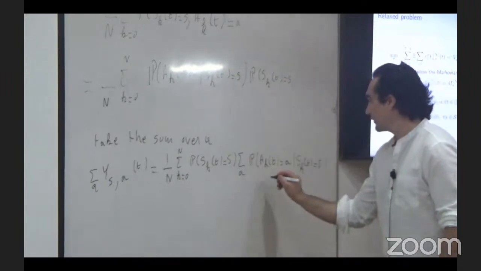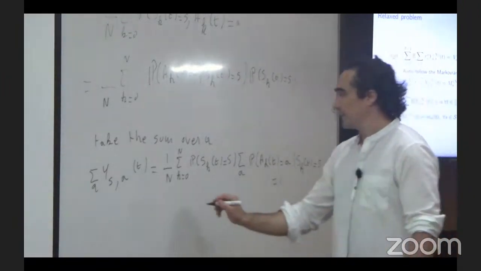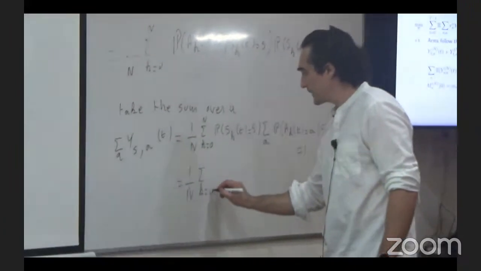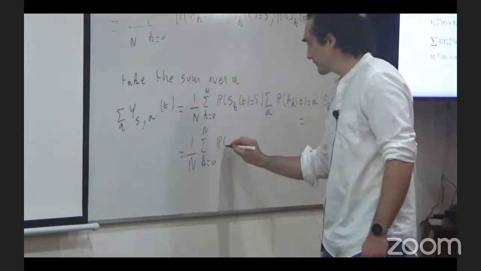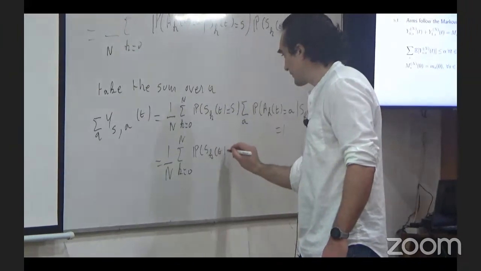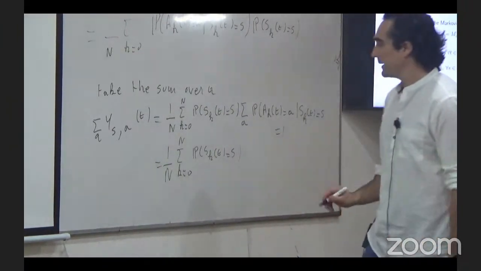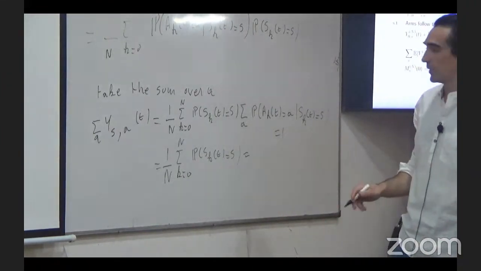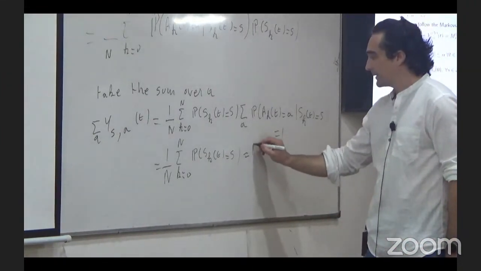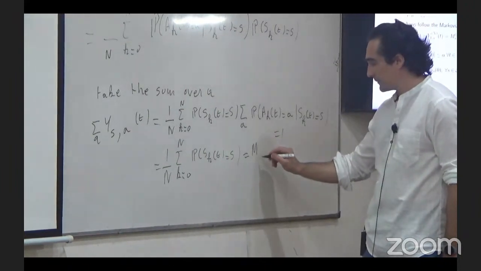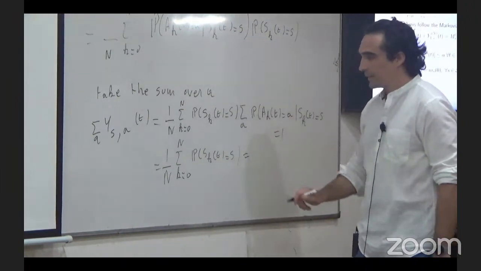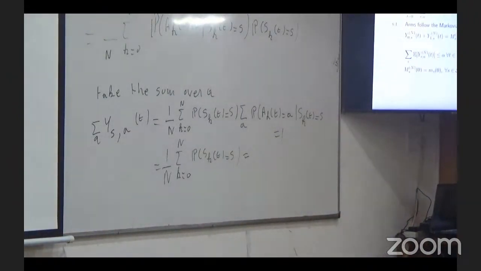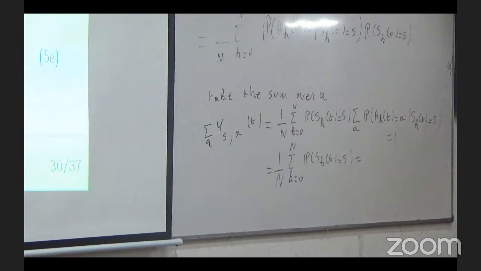And this is equal to 1. So you simply have this. And therefore, if you just rewrite the definition of M, this is simply the expectation of this, right?